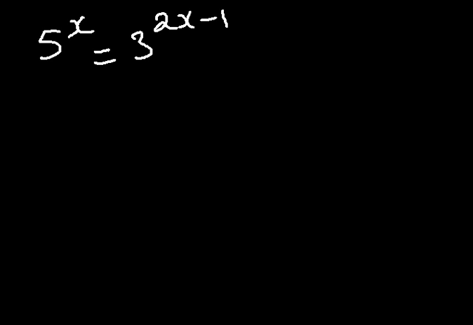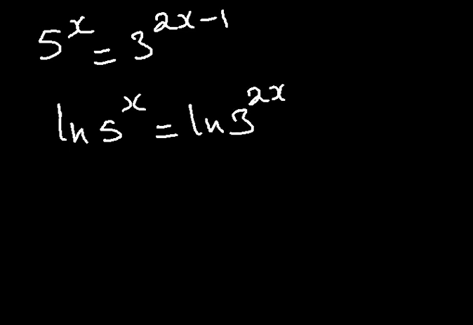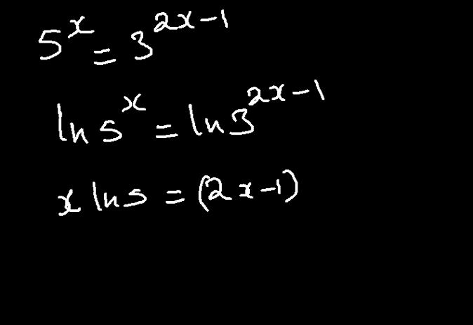So in this case we are going to introduce the natural log on both sides, which means we'll have ln 5 to the power x equal to ln 3 to the power 2x minus 1. Then according to the properties of logarithms, we'll have x ln 5 equal to (2x minus 1) times ln 3.